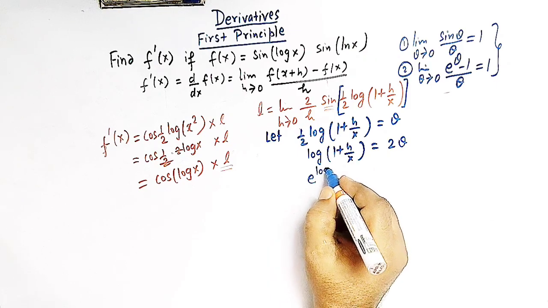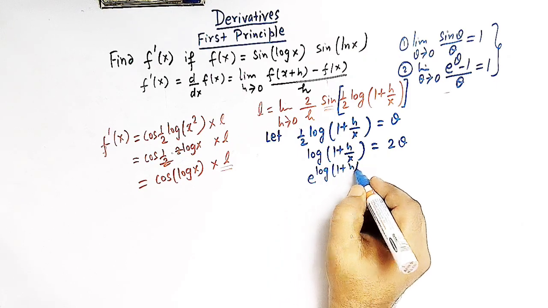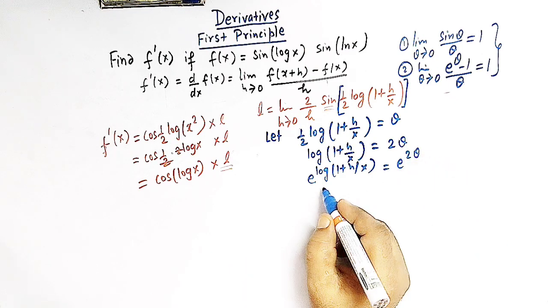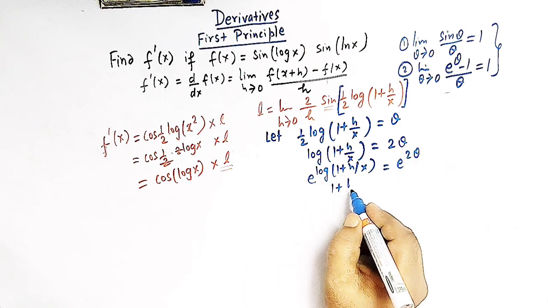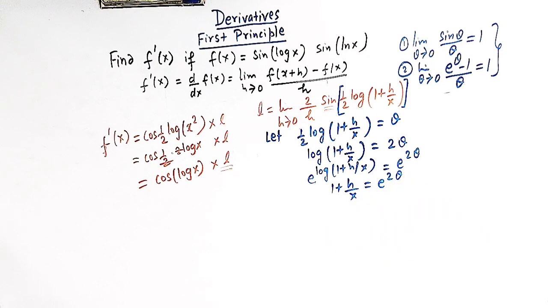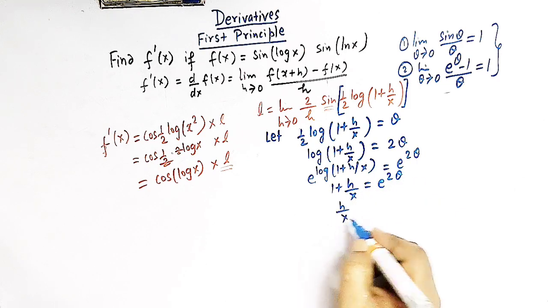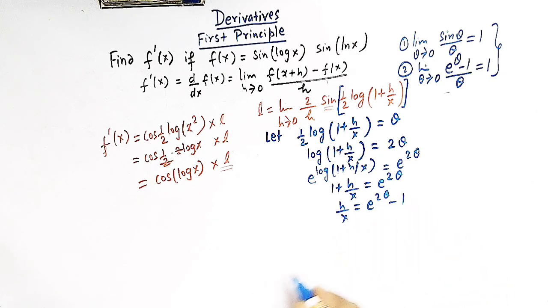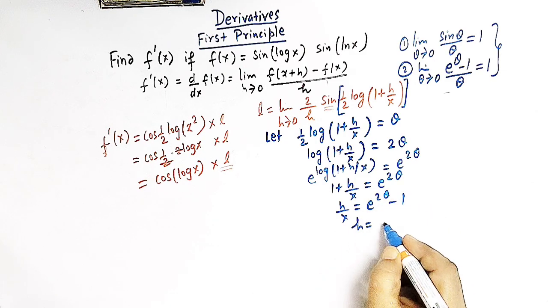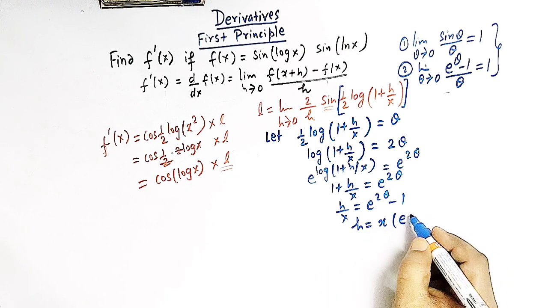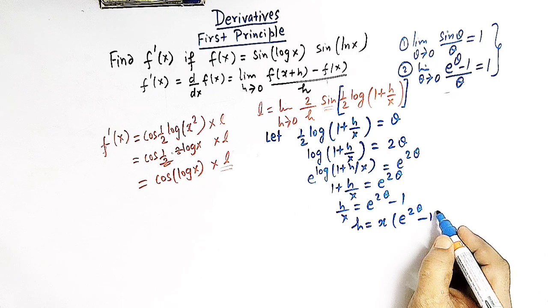So we have e raised to log of 1 plus h over x is equal to e raised to 2 theta. So we can now write 1 plus h over x is equal to e raised to 2 theta, and h over x is equal to e raised to 2 theta minus 1. So h is now equal to x times e raised to 2 theta minus 1.